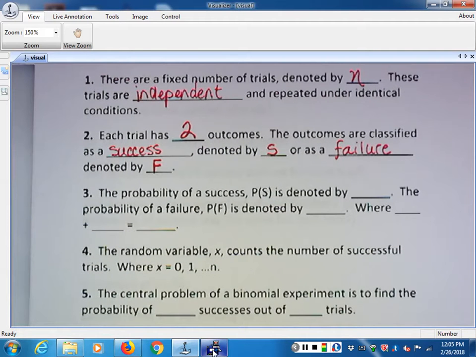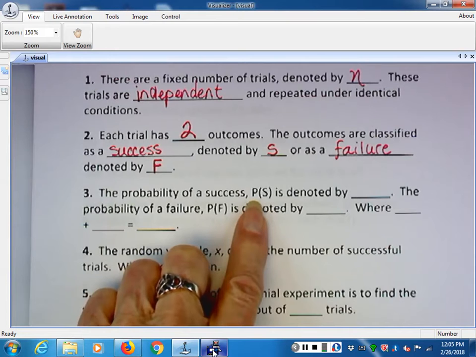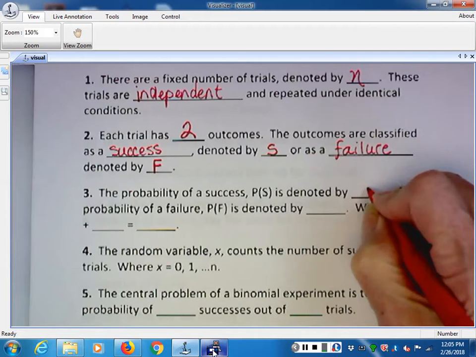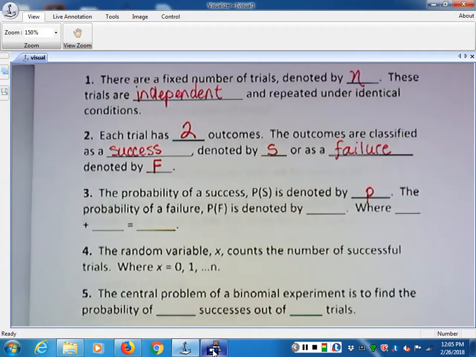The probability of success is called P of S, because it's a probability, and it's called lowercase p.